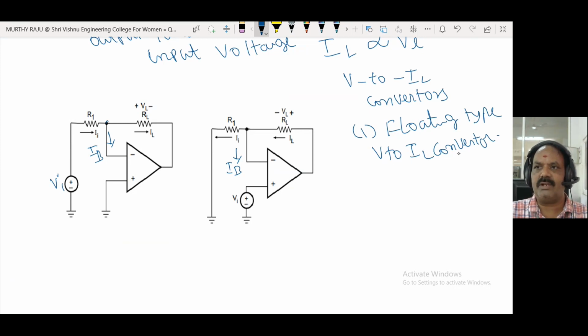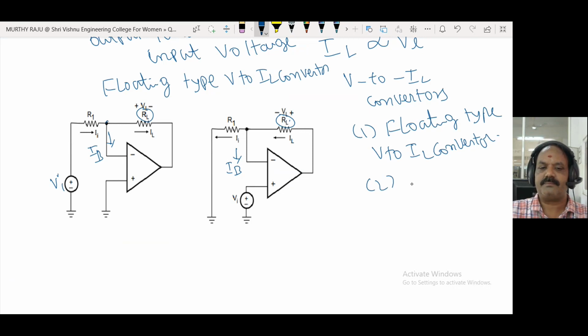In that floating type V to IL converter, the load resistance RL is not connected to ground. In this diagram, RL is not connected to ground. This is called a floating type V to IL converter.